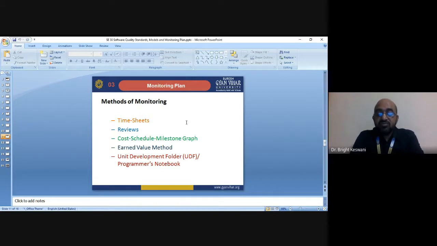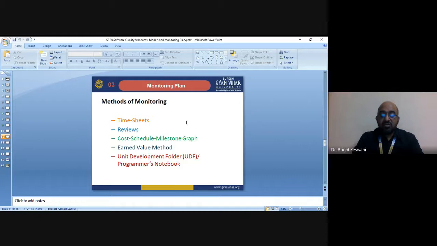If you measure the cost of task 1 and cost of task 2 and so on, and add all the tasks together, you can estimate the cost of the overall project. At any given time, the total effort or cost spent on a particular task can be determined from the timesheet.